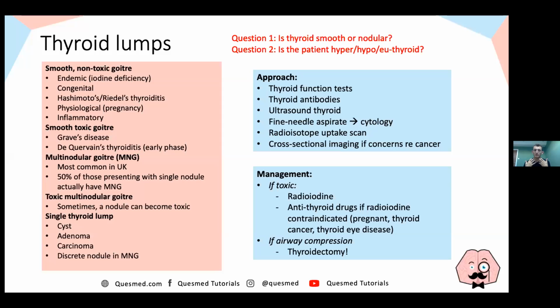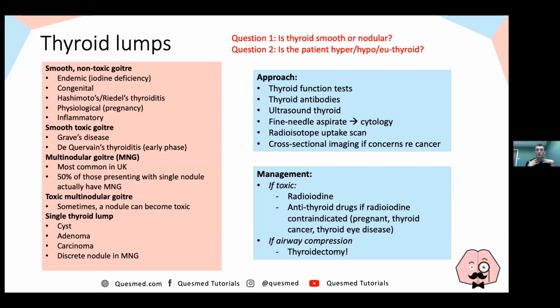So in terms of a smooth thyroid or a goiter that's non-toxic, so the patient isn't hyperthyroid, the most common cause of a smooth non-toxic goiter is iodine deficiency. Hashimoto's can also cause a smooth non-toxic goiter. And you can get a smooth non-toxic goiter in pregnancy, so physiologically.